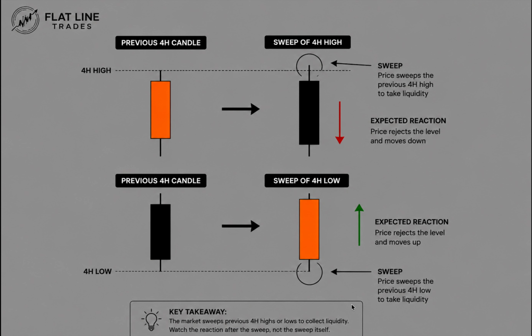After these orders are filled, there's often less reason for price to keep moving aggressively in the same direction immediately. So price tends to pull back to rebalance inefficiencies or return to the fair value area.